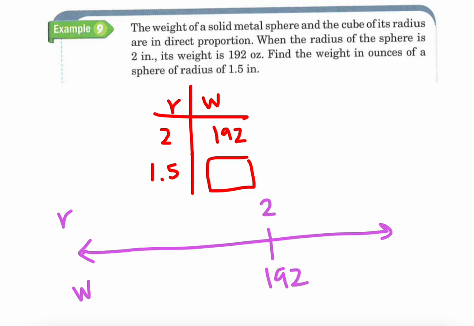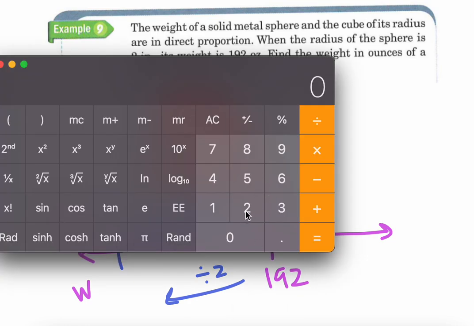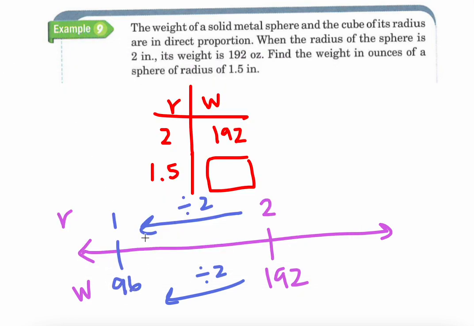So if I were to go back down to 1, I would take this 2 and divide it by 2 to get to 1. So then 192 also has to divide by 2 to get to that corresponding weight. 192 divided by 2 is 96. Okay, so a radius of 1 is going to weigh 96 ounces.